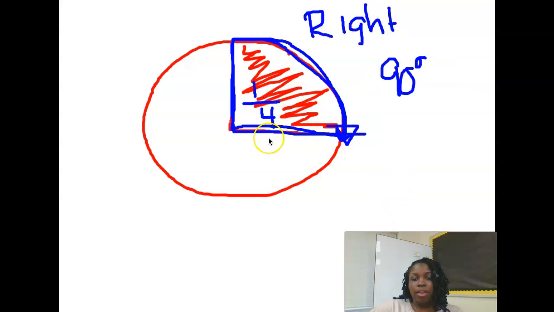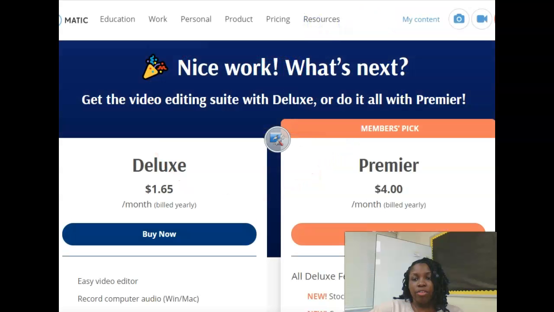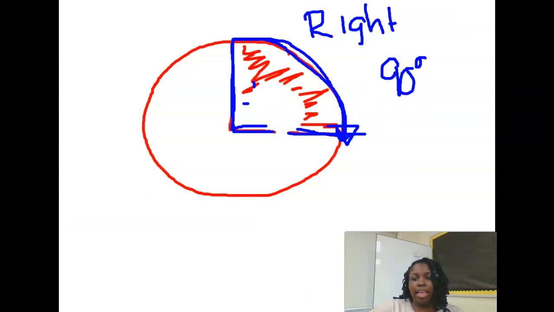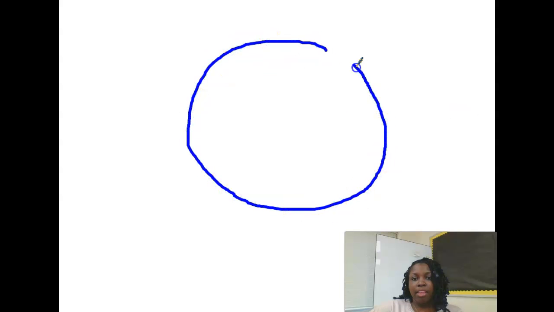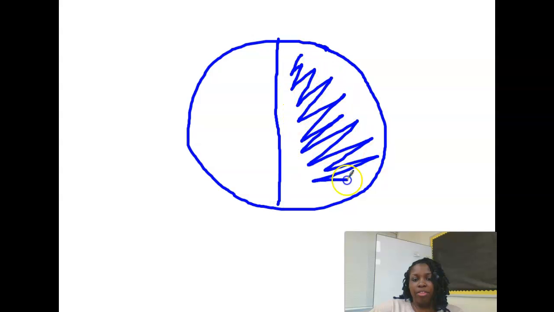Now, what if I have a circle and a half of it is shaded, a half turn? How many degrees would this be? Think about it for a second. What kind of angle is this? Good, it's a straight angle. How many degrees are in a straight angle?